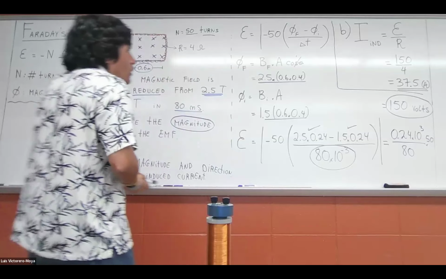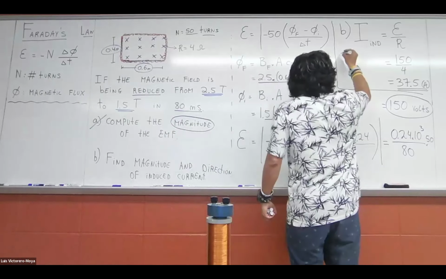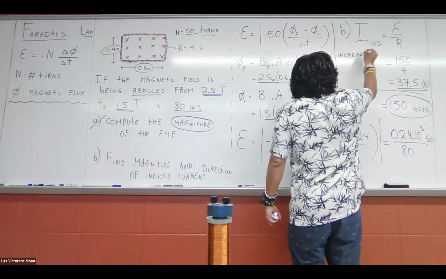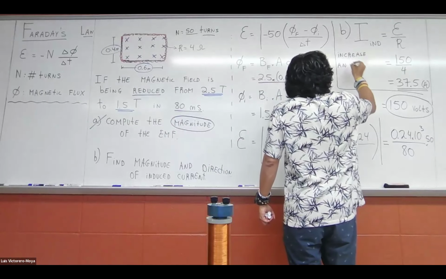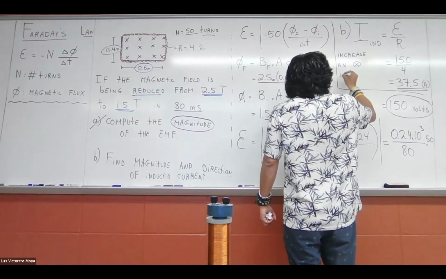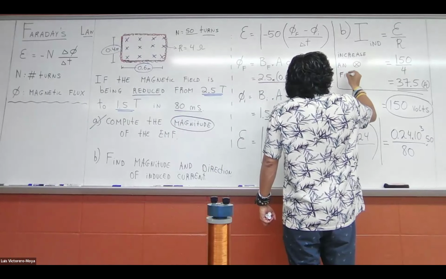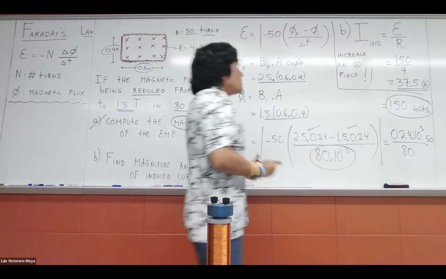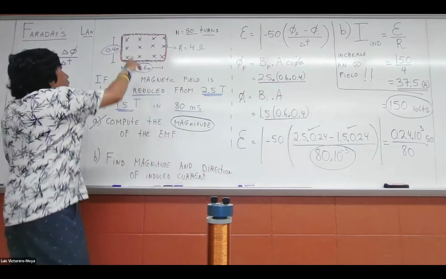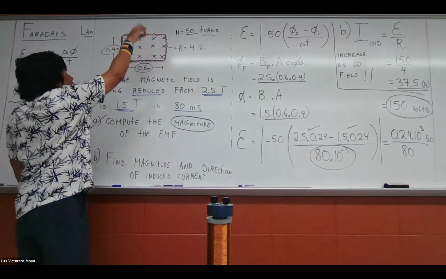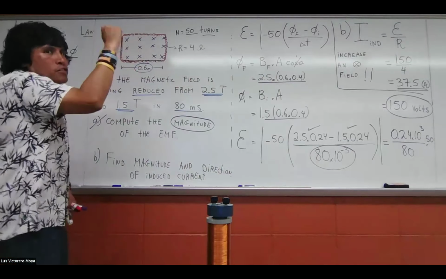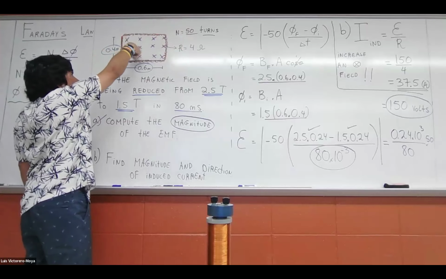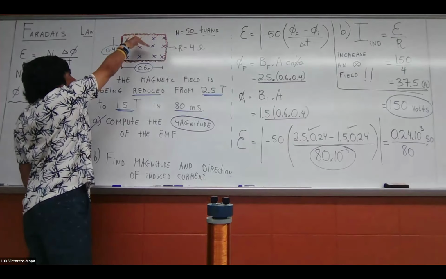So this current will increase the into-the-page field. So my current has to flow so that the north points towards the board like this. If I do this, what happens?